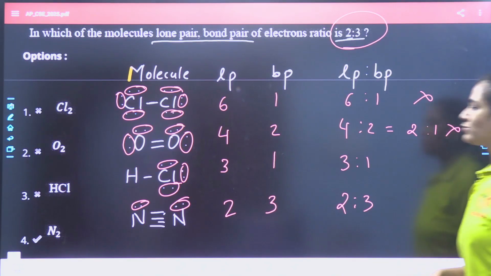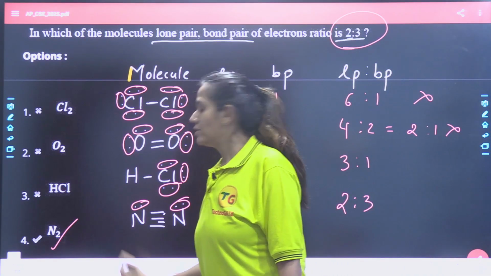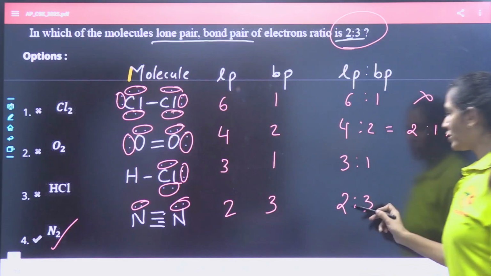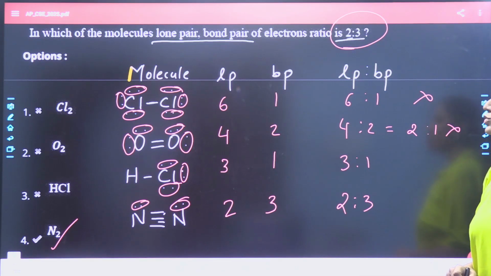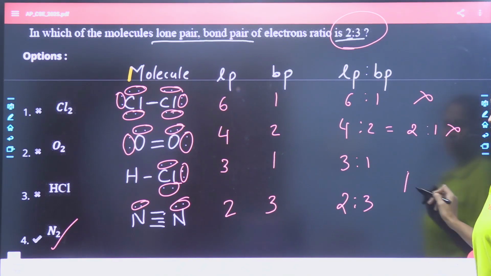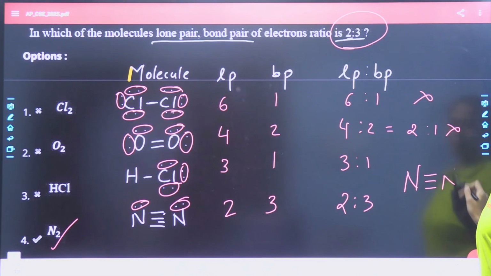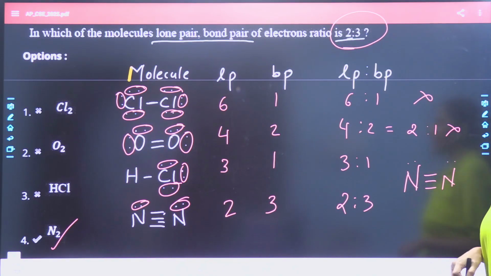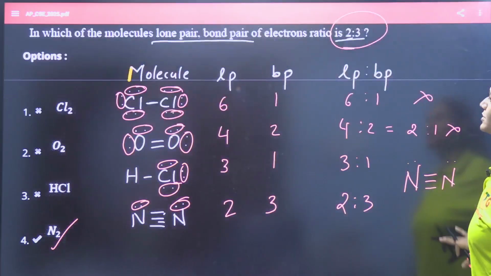So in the nitrogen molecule the ratio is 2:3, and the correct answer would be nitrogen. There are triple bonds and one lone pair on each nitrogen atom. Clear? Next.